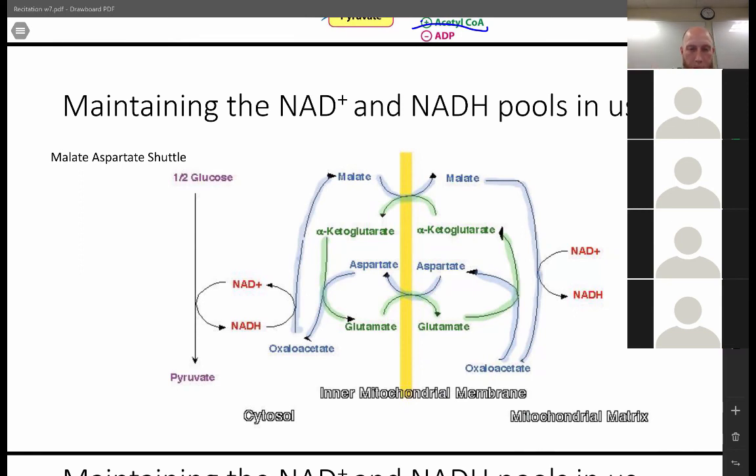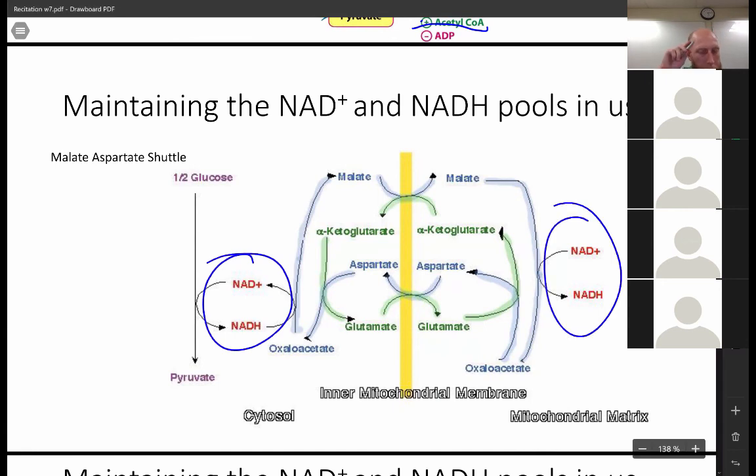And so the malate-aspartate shuttle is an example of, I don't know what else to use, a conserved shuttle. That's not a scientific term, but I'm using the word conserved to suggest that we're maintaining our NADH and NAD energy equivalent.